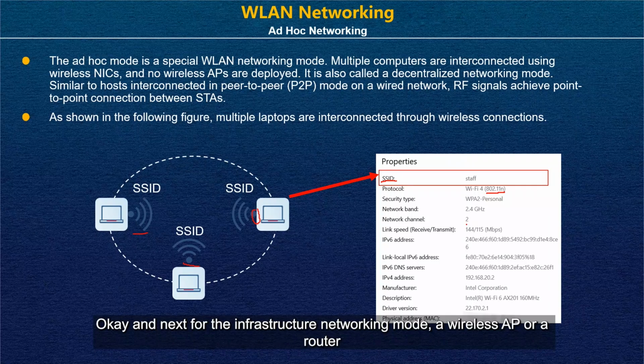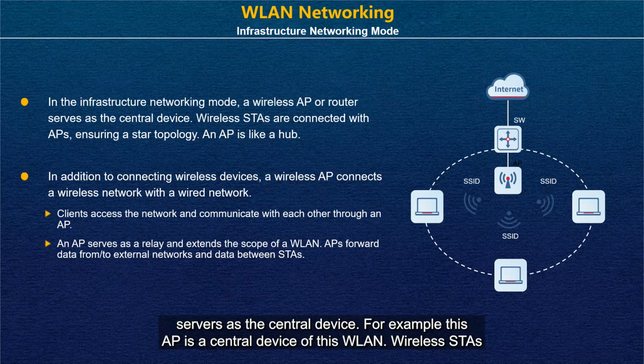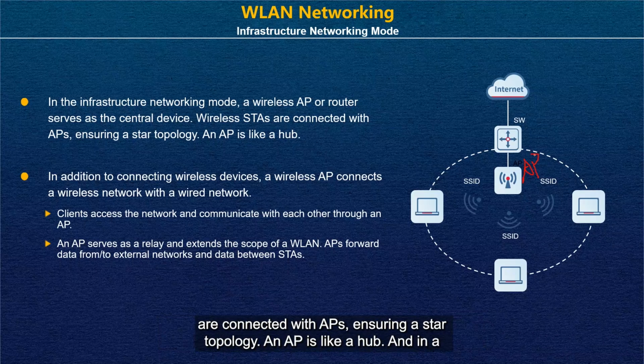Next, for the infrastructure networking mode, a wireless AP or a router serves as the central device. For example, this AP is the central device of this WLAN. Wireless STAs are connected with APs, forming a star-type topology. An AP is like a hub.